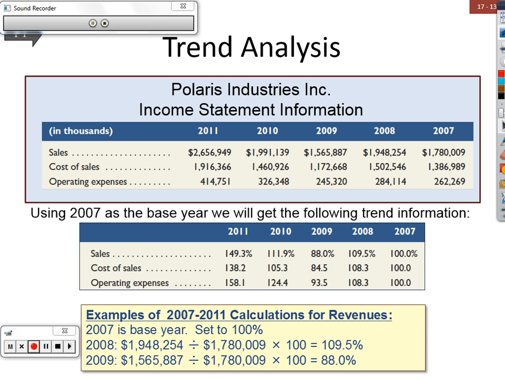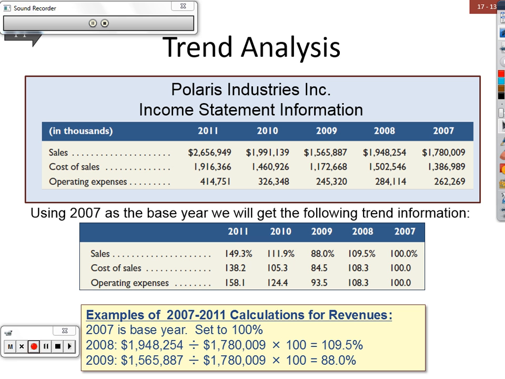So if we start off with 2008, we're going to take that $1,948,254 for sales, and we're going to divide that by 2007 sales of $1,780,009 and multiply by 100 to get our trend analysis percent. Okay, trend percent. And then 2009, same situation.